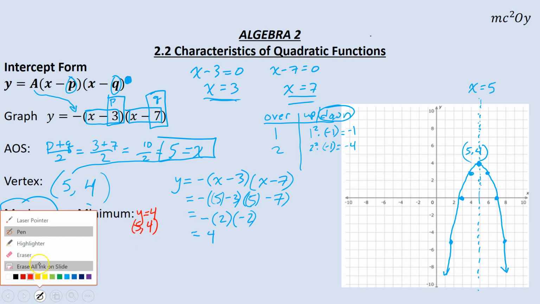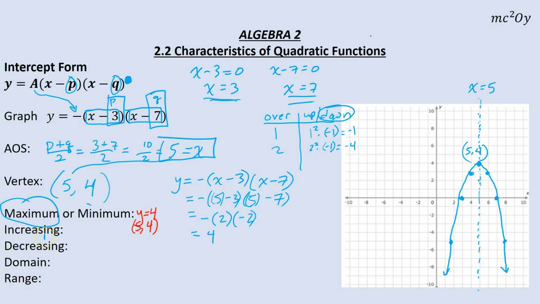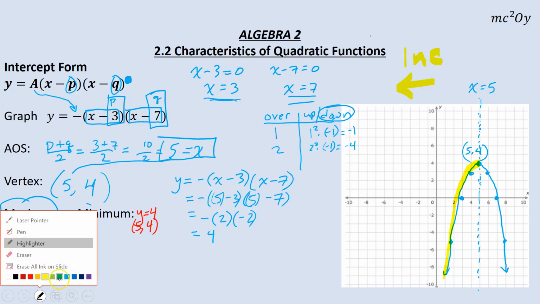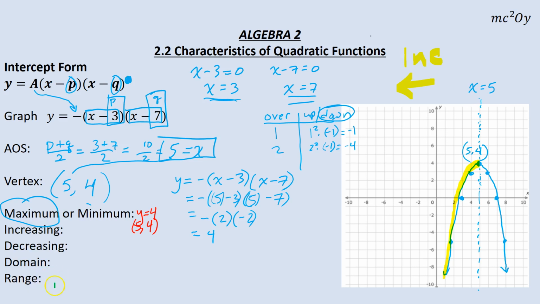It is increasing. Okay, so if we look at our highlighter here, reading our graph, let's use a different color. Reading our graph, we are going upward up to x, so we're increasing on this side. Okay, and then we are decreasing over here.